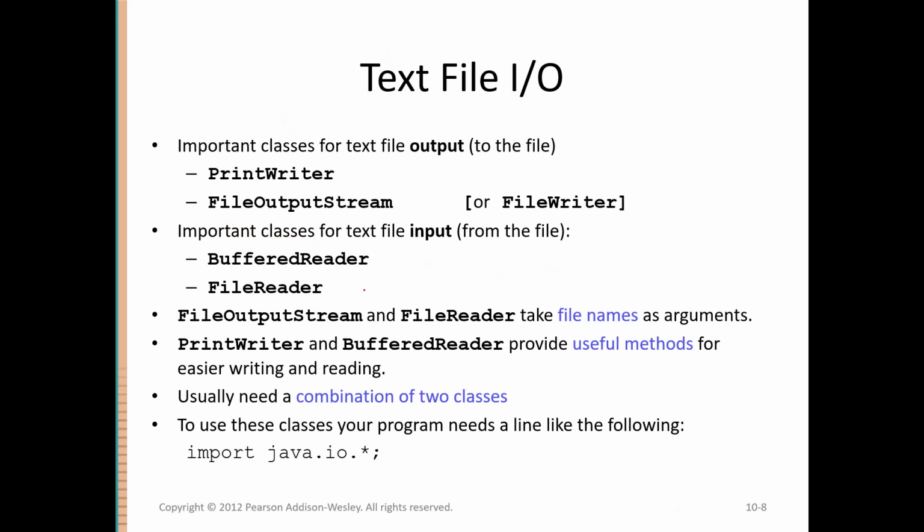So how do we open? We need to use some specific classes. If you'd like to output into a file, to save some information to a file, these are the classes that need to be used: PrintWriter, and then FileOutputStream. Now there's another way to do that.